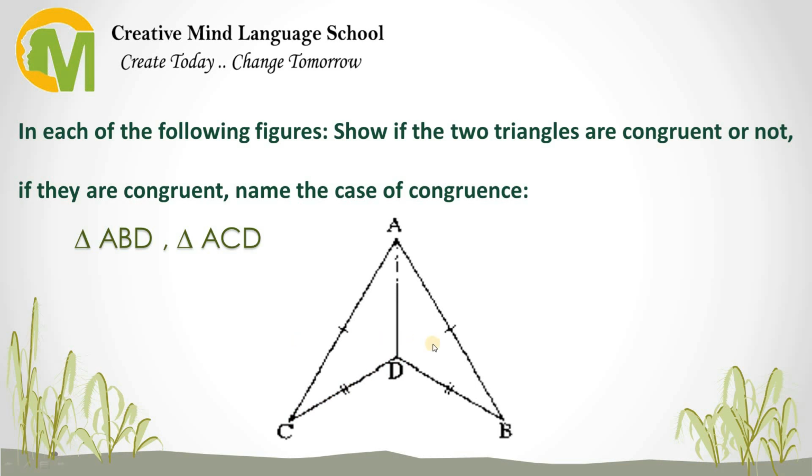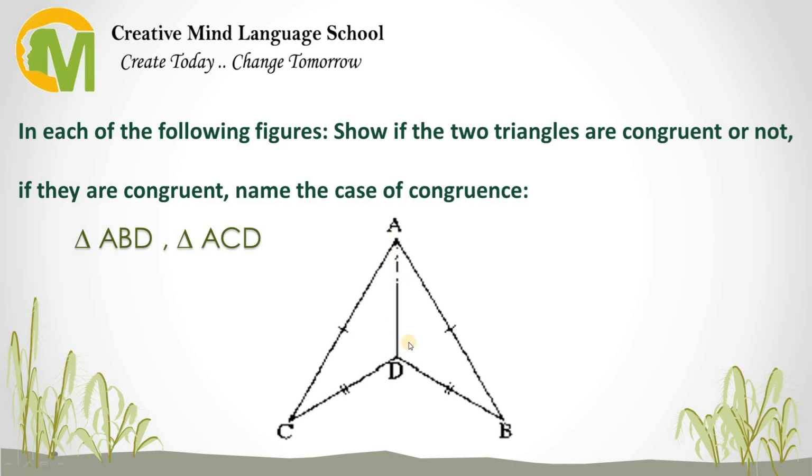Wait a minute, he didn't mention any other given information in this example. We have only two sides here and two sides there in the two triangles. We don't have any angles and we don't have any other sides. What should we do? Wait a second, and please don't forget this very, very important issue. We do have side AD, which is called a common side between the two triangles.